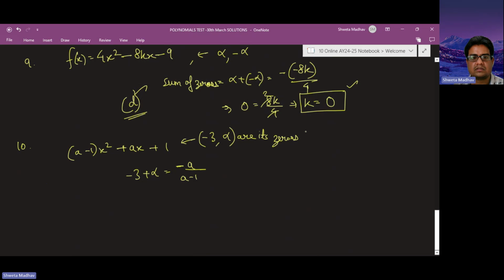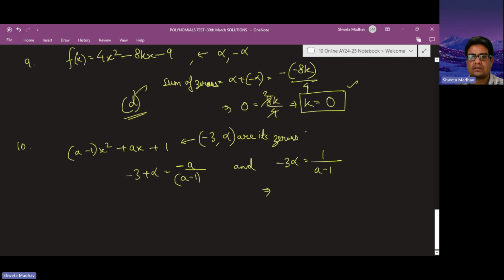And the product of the zeros, which is minus 3 alpha, will be equal to c by a, where c is the constant term 1, by the coefficient of x square, which is a minus 1. So then the value of a you have to find.